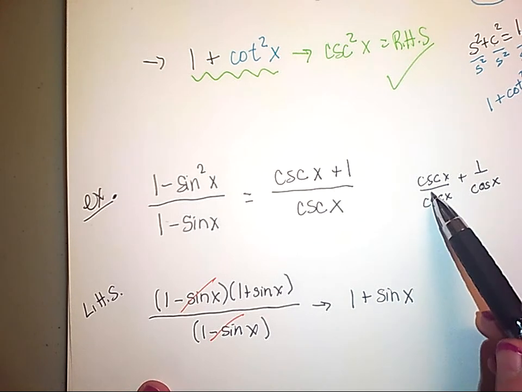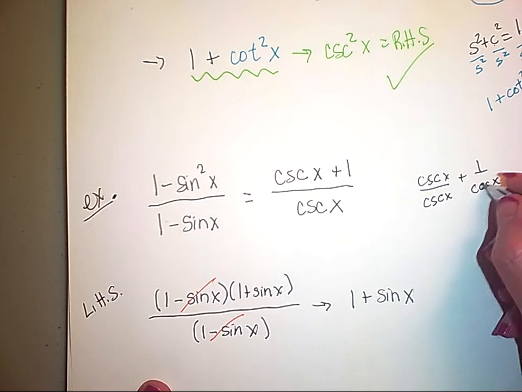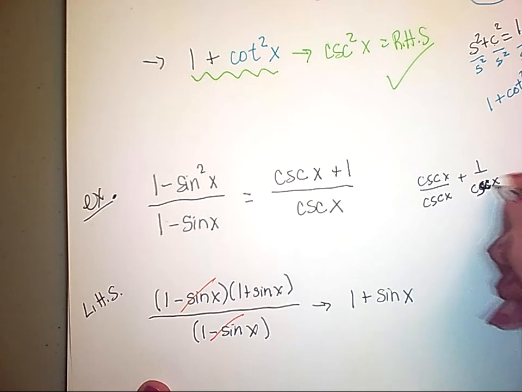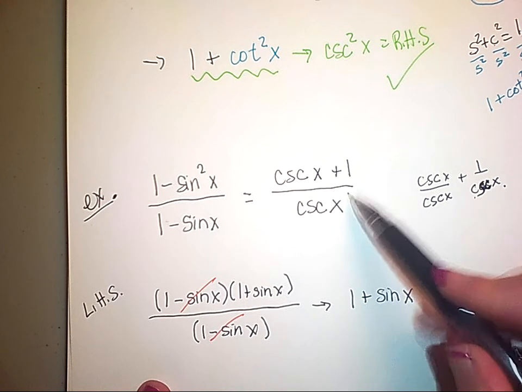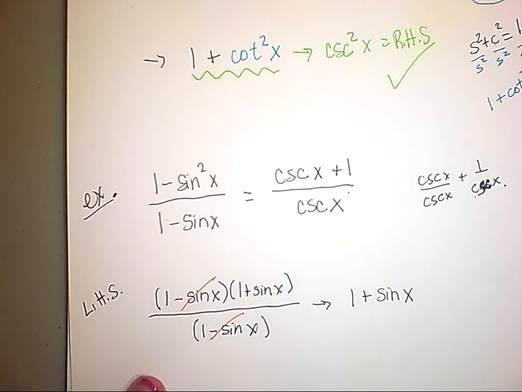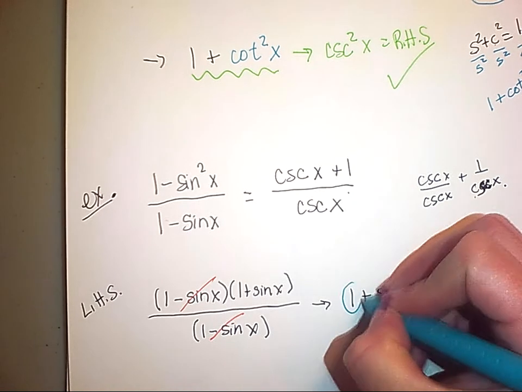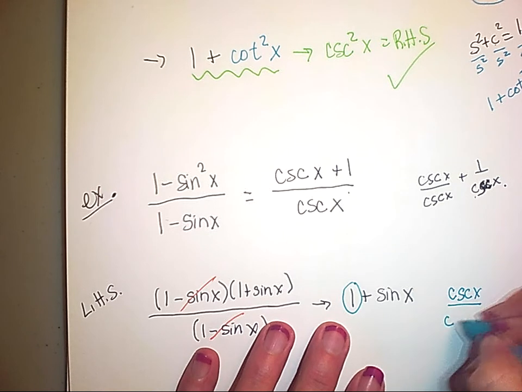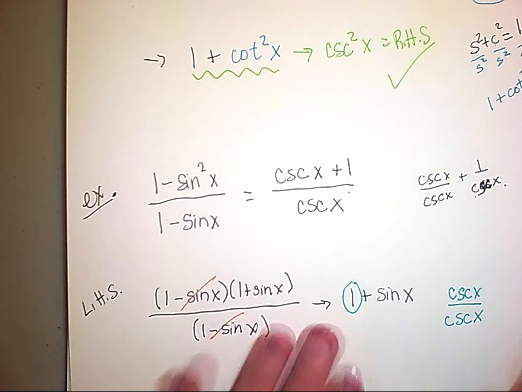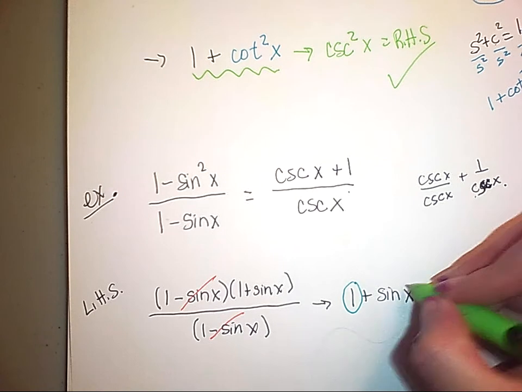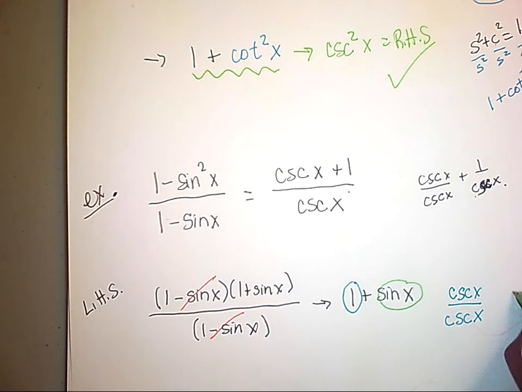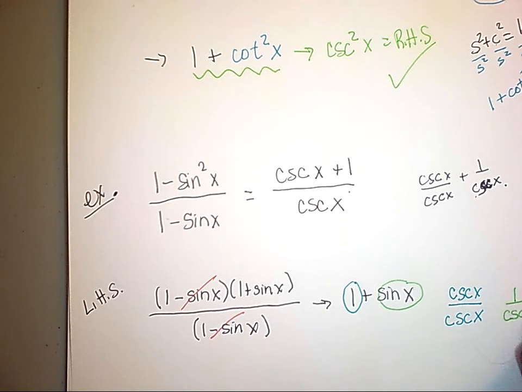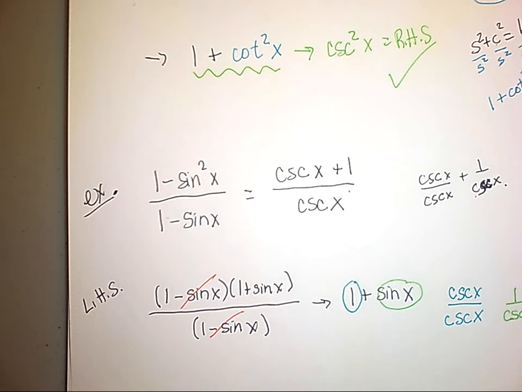if I could get to this stage, if I could get to something that looks like this, then I would be just a step away from here, because I could then add the two fractions. Okay, well some of that won't be hard to do. Well, 1, we could rewrite that as cosecant of x over cosecant of x. And actually we are right there. The sine of x, we could write that as 1 over the cosecant using the reciprocal identity.